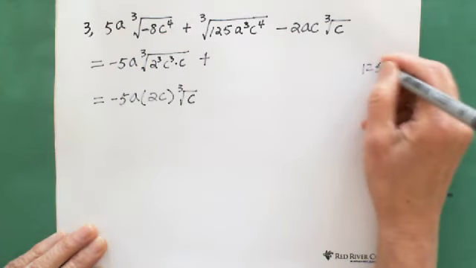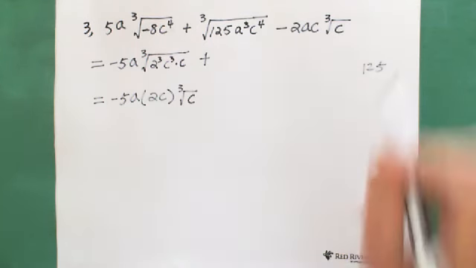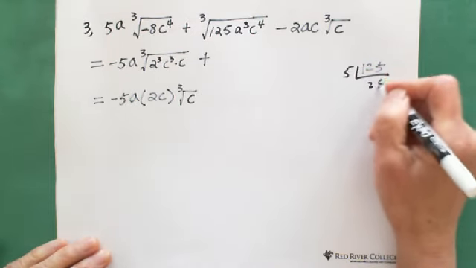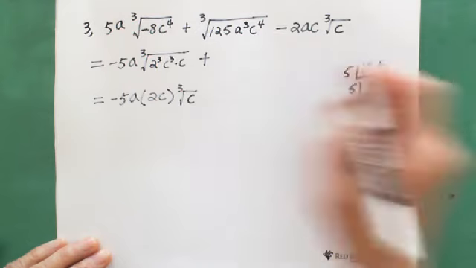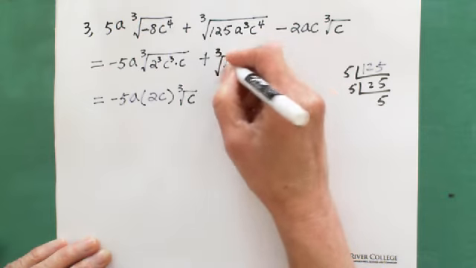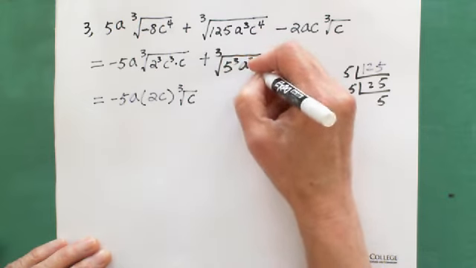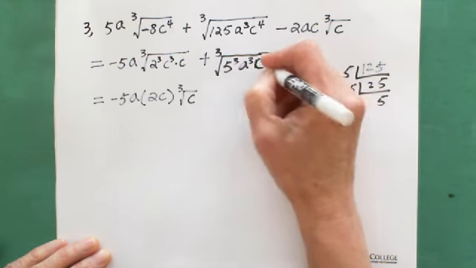The second term is 125. 125 is 25 times 5, so we get 5 cubed. We write cube root of 5 cubed, a cubed, c cubed, and times c.